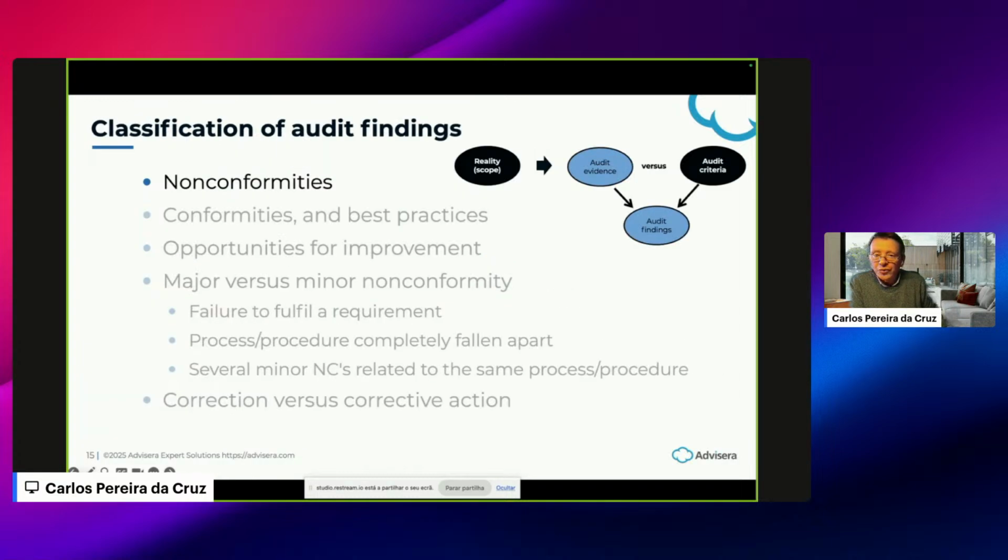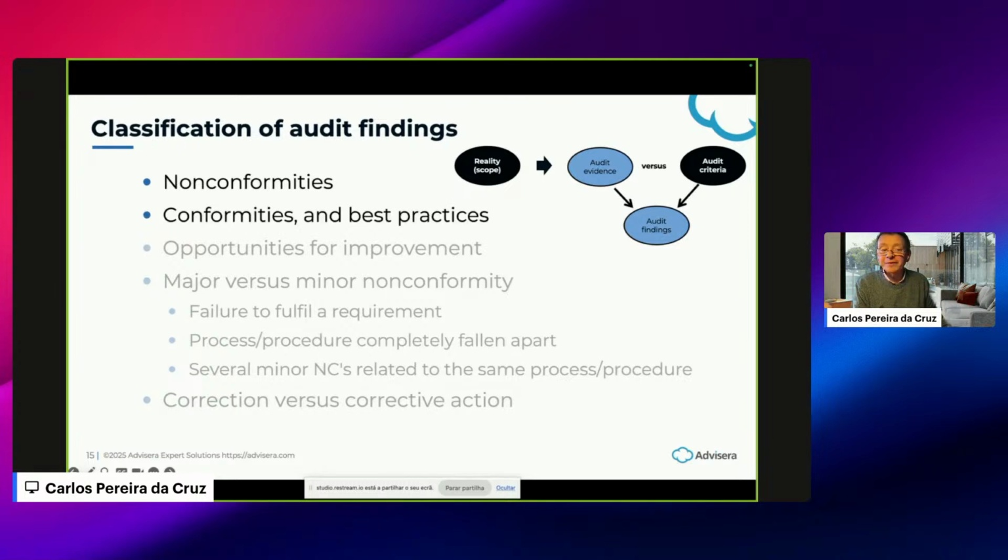So you get the audit findings when you compare audit evidence with audit criteria. Okay. Audit findings may be negative and we have non-conformities, or maybe positive and we have conformities. Okay. And perhaps best practice. You may also have opportunities for improvement.